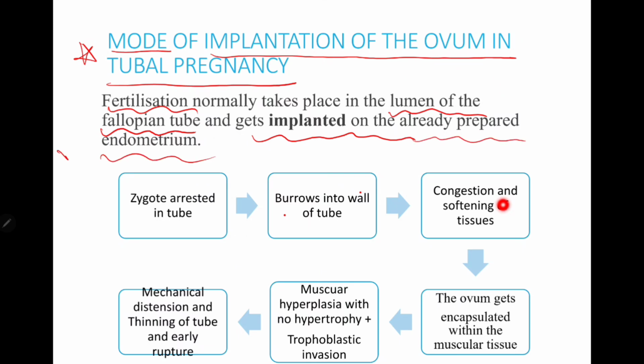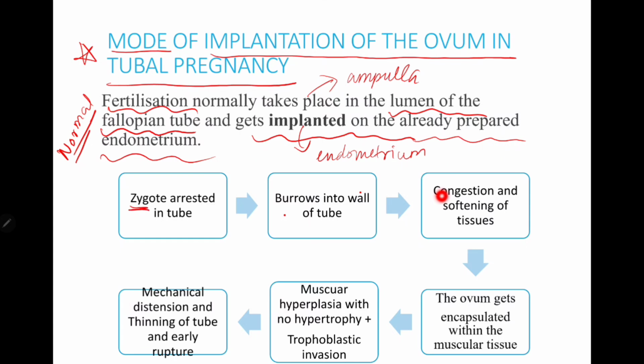So this is the normal fertilization. Normally the fertilization takes place exactly where? In the ampulla. Okay, so fertilization occurs in the ampulla of the fallopian tube, and where is it getting implanted? In the endometrium of the uterus, especially the upper posterior part of the uterus.